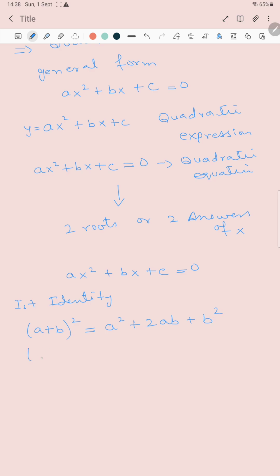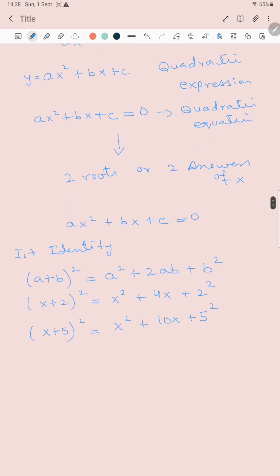For example, if I am writing x plus 2 whole square, this will be x square plus 2 times 2, which is 4x, plus 2 square. If I am writing x plus 5 whole square, it will be x square plus 10x plus 5 square.